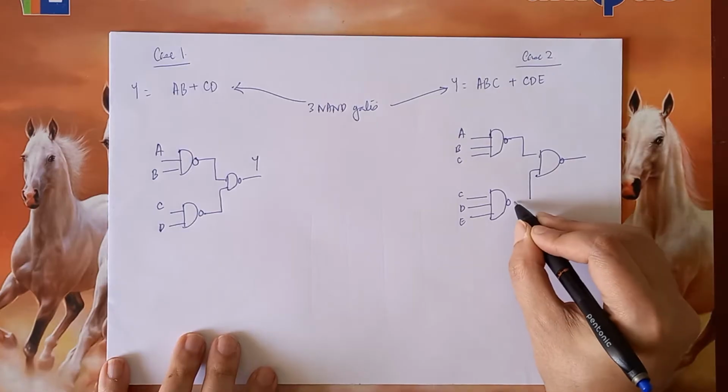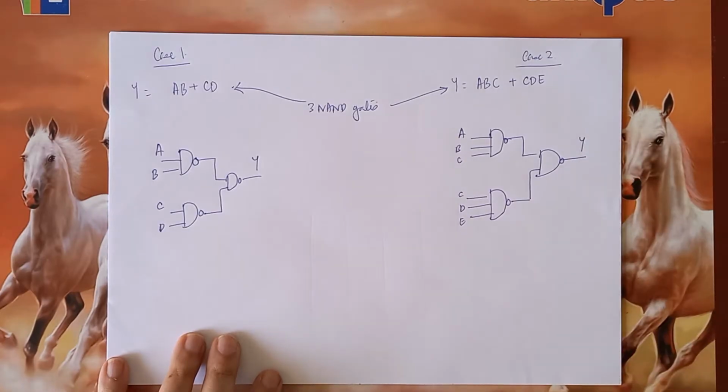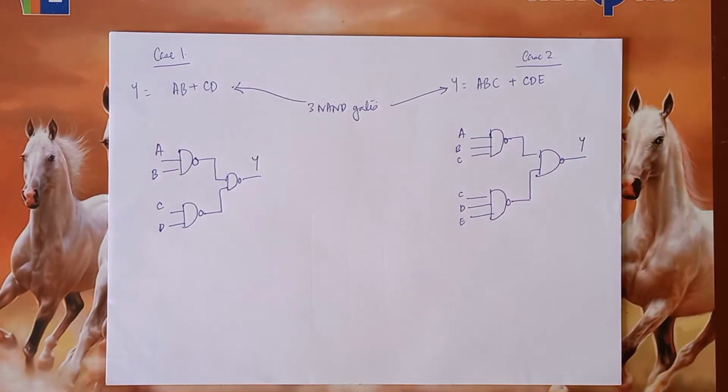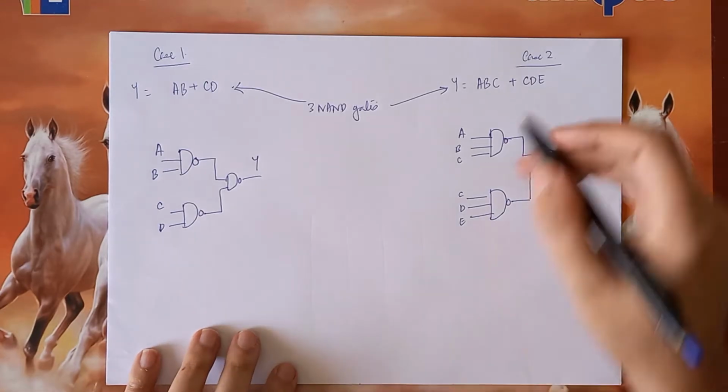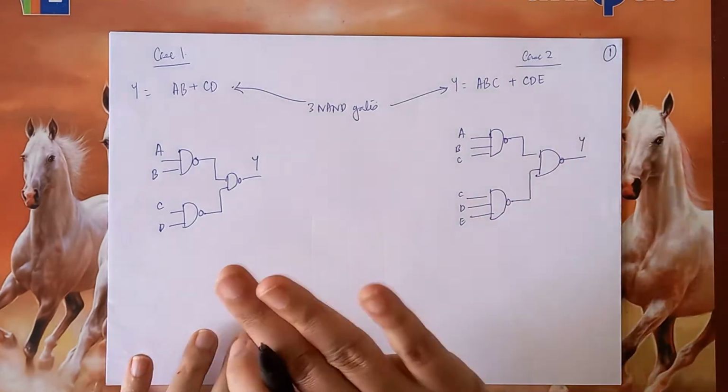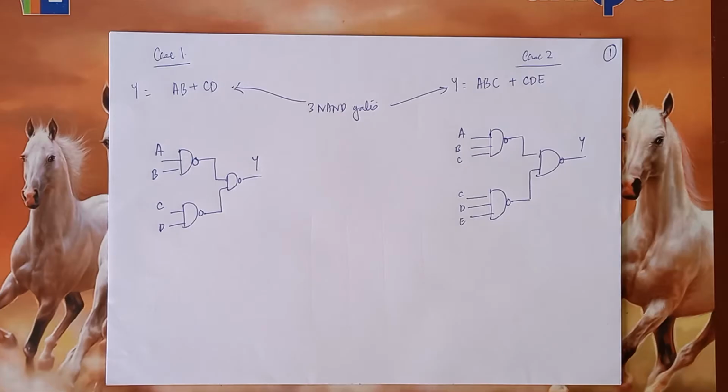This is the realization of these SOP expressions using NAND gates. So in both cases, you see, the requirement is 3 NAND gates. So therefore, it seems as though the complexity is almost equal.